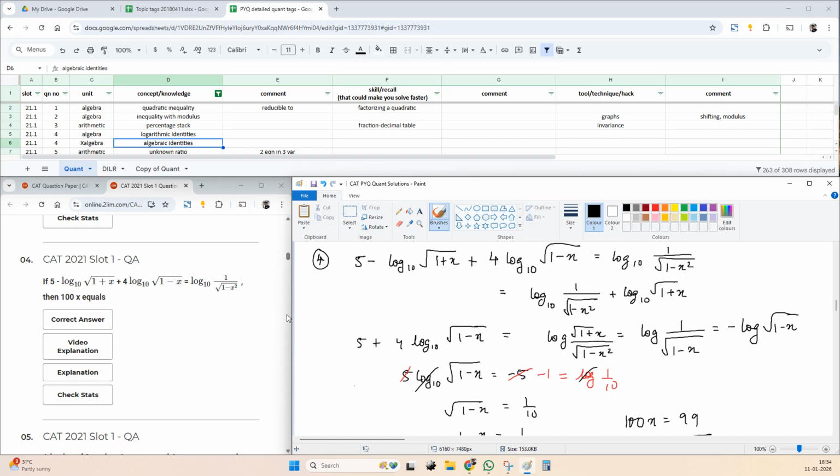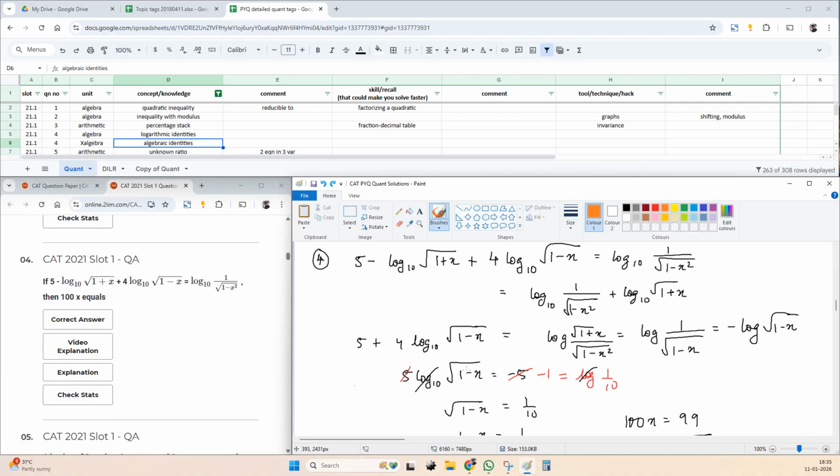What did we have? We had a few logarithmic identities. We had log a plus log b here. We had the algebraic identity. Converting this to this is the only part that can be tagged as algebraic identity. The rest is just log identities.